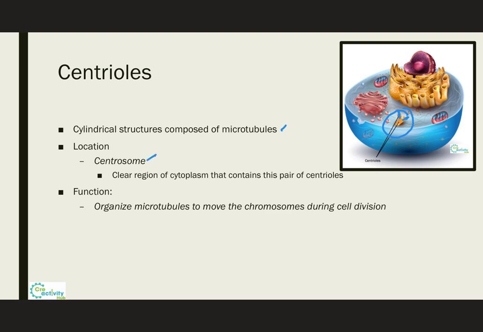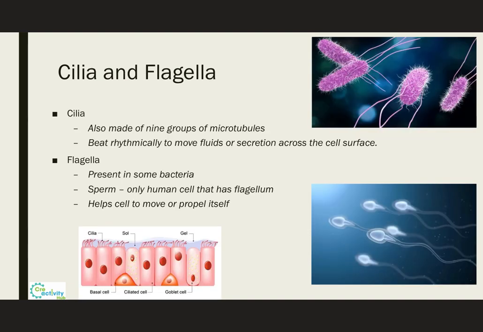Also notice how they are arranged at right angles to each other. And this disposition is going to be important to move the chromosomes into opposite directions within the cell during cell division. And lastly, we're going to be talking about the cilia and the flagella.